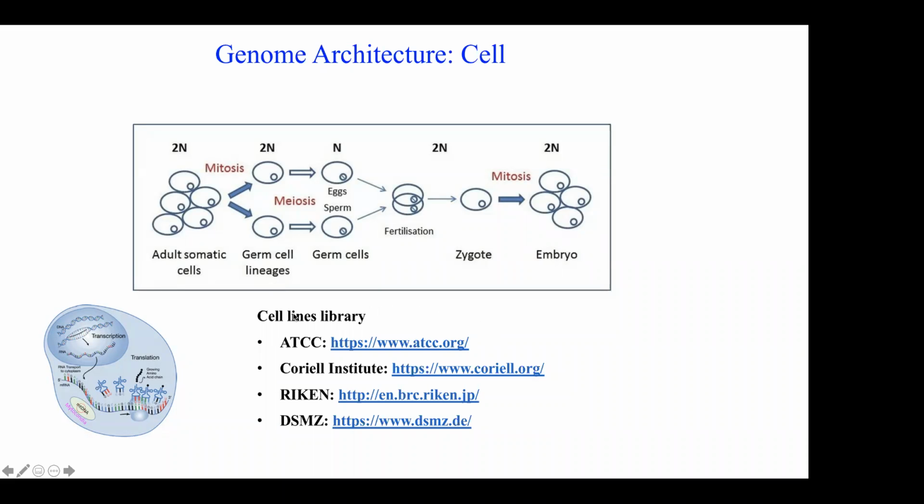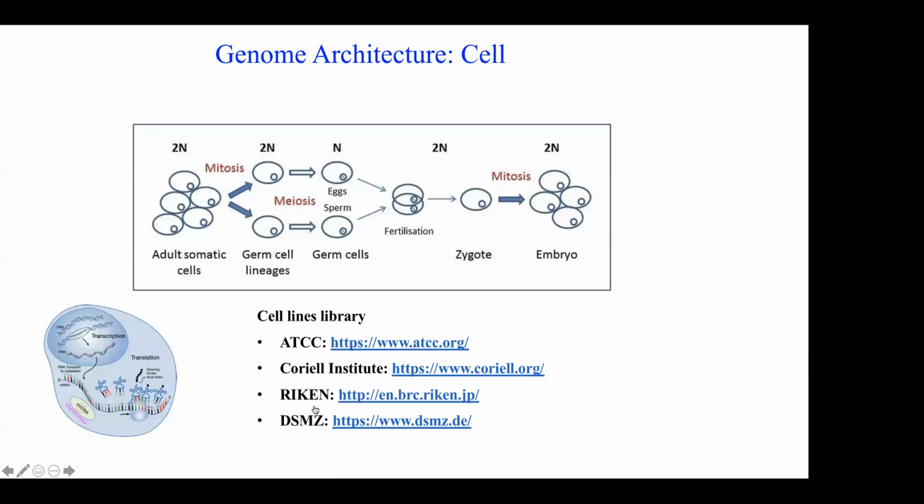So here I gave some examples of cell line websites. From these websites, you can find the cell lines you want for your experiment. So for example, the ATCC mostly provides normal somatic cells from different organisms, from different organs also.